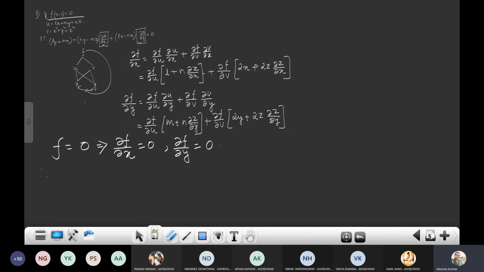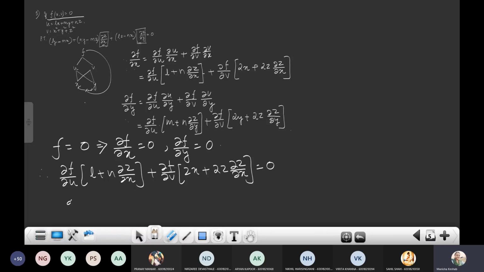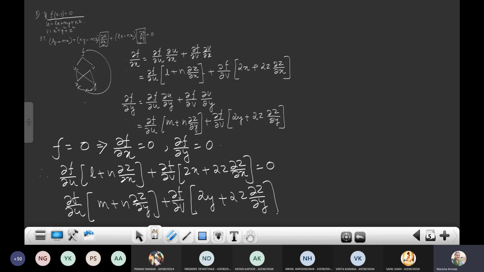Therefore we can say that the right hand side: del f del u into l plus n del z del x, plus del f del v into 2x plus 2z del z del x, is equal to 0. Similarly, del f del u into m plus n del z del y, plus del f del v into 2y plus 2z del z del y, is equal to 0. See, is this clear?